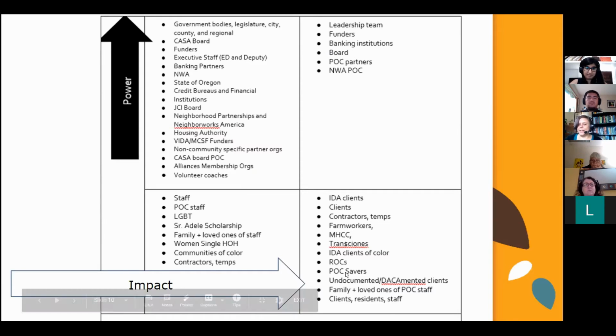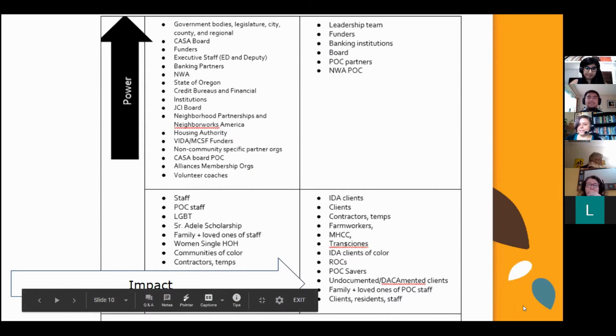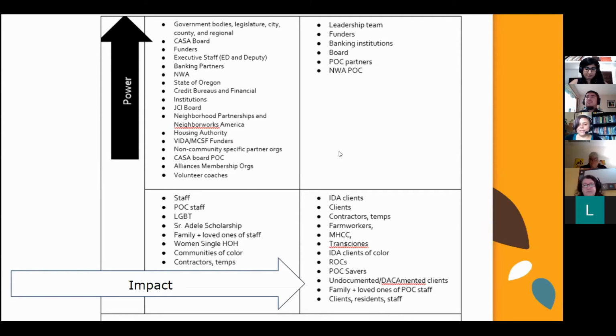And the folks who generally are most impacted by the decisions we make are clients, contractors, documented folks, and the loved ones and communities of our staff. So while we all have a role to play, sometimes the folks who are most impacted by the decisions also have the least say in them.